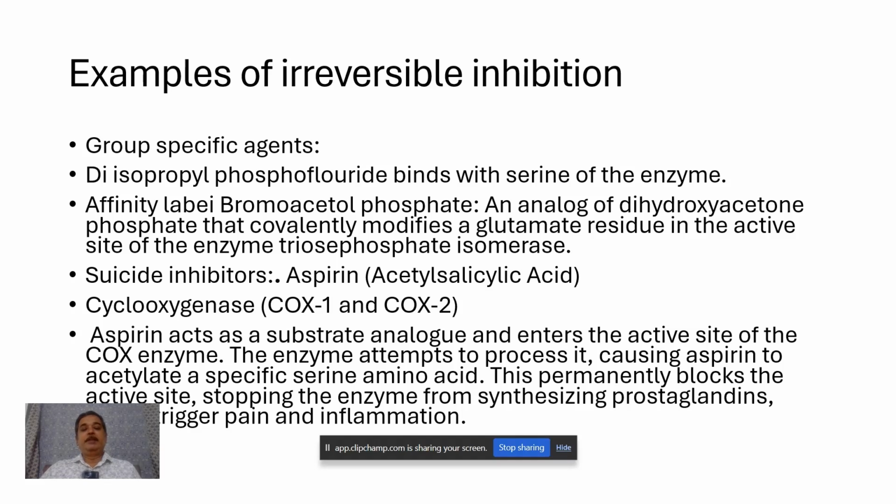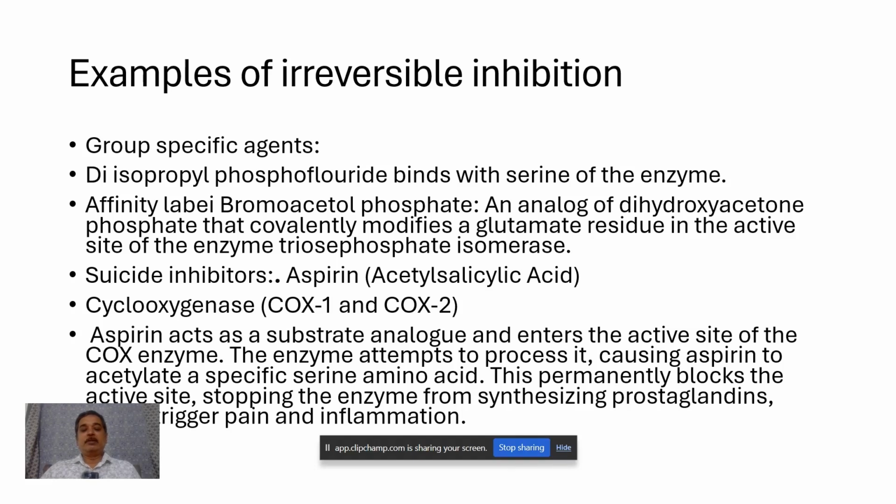And suicide inhibitors. A common example is aspirin. It's a common painkiller. It is called acetyl salicylic acid and it inhibits the cyclooxygenase enzyme, which is involved in the inflammatory process in our body. So aspirin acts as a substrate analog and enters the active site of the COX enzyme. And the enzyme attempts to process it, causing aspirin to acetylate a specific serine amino acid.